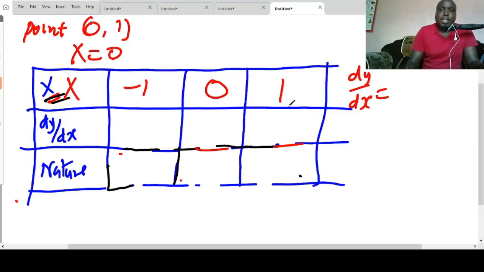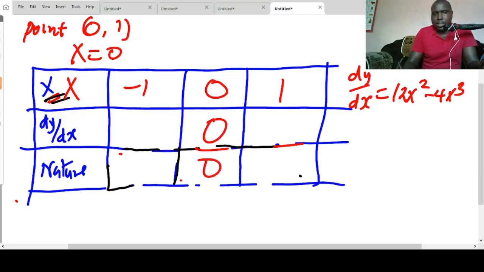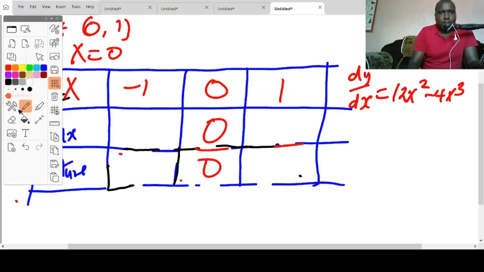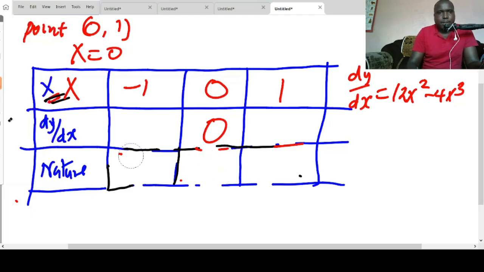Now write down our function gradient. The functional gradient was 12x square minus 4x cube. So if you substitute 0 here, everything is going to be 0, and even here, everything is going to be 0.